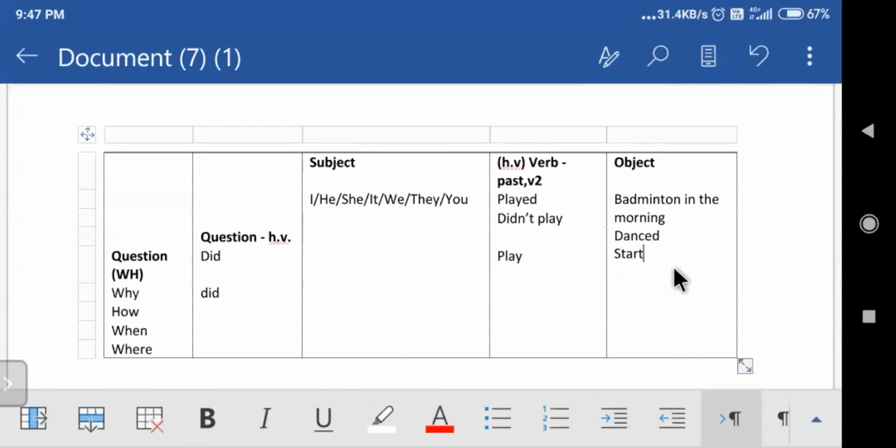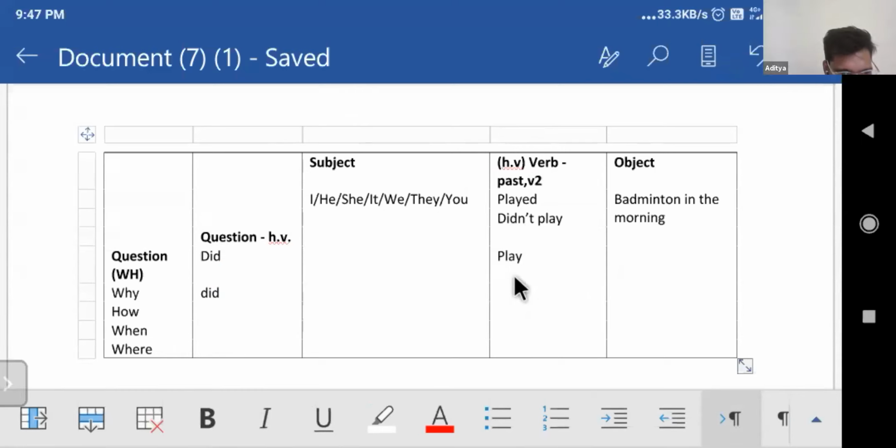So I can remove these, and you can put any word here. Did you dance? Did you walk? Did you whatever? Now it's much better. That's what was confusing. And this did is a part of these questions now.